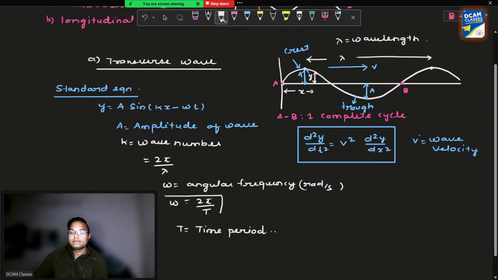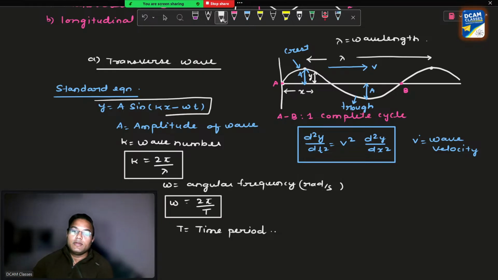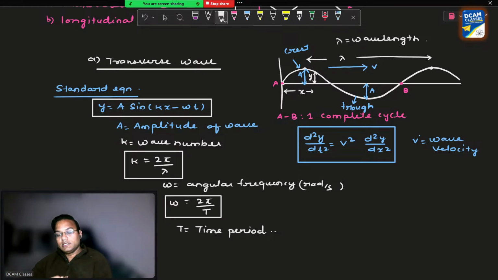Okay. These are a few formulas that are very important, because on the basis of these you will be solving the questions asked in JEE Main as well as in your CBSE. Sometimes they give one more type of frequency, that is f, frequency is 1 by T, 1 by time period.